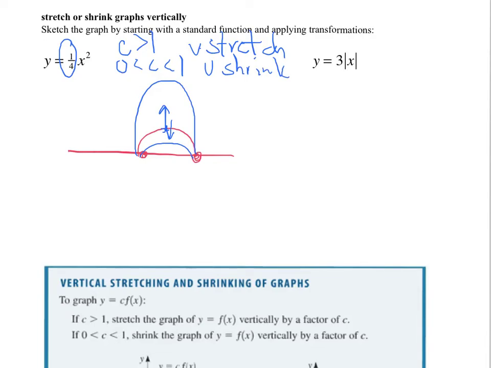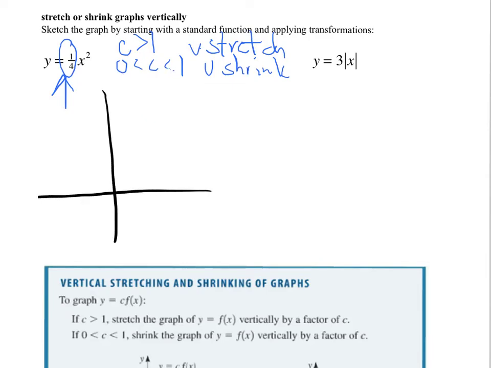Vertical shrink. Now, in this one then, it's going to be a vertical shrink of y equals x squared. So you start with x squared. And what you realize is that for 1/4 of x squared, for example, this point here is at a height of x squared.